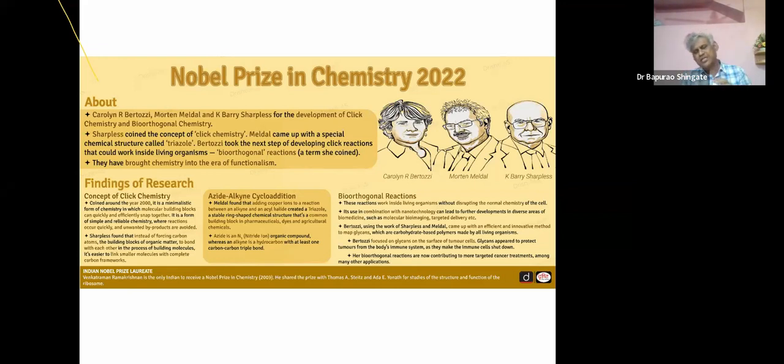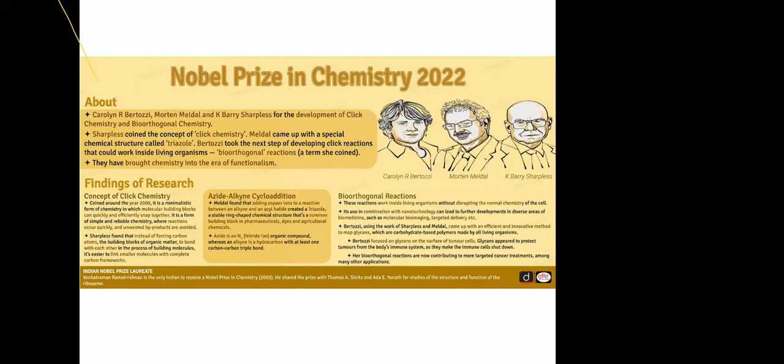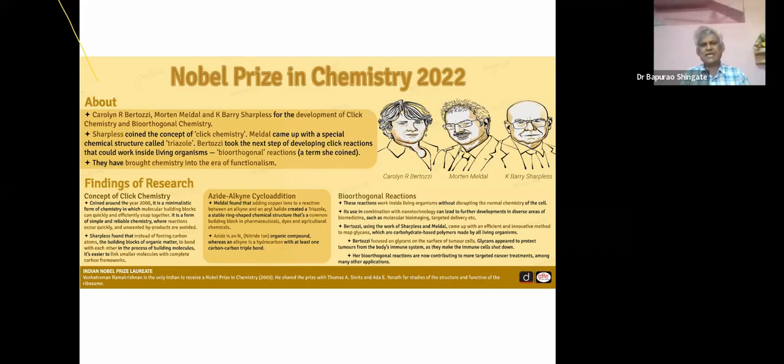Sharpless first coined the terminology click chemistry in the year 2001, and first reported it with a chemical structure called a triazole. And later on, in 2002-2003, Professor Bertozzi took the next step of developing a click reaction that could work inside a living system, that is a biological system. That's why it is called bioorthogonal reactions or bioorthogonal chemistry.